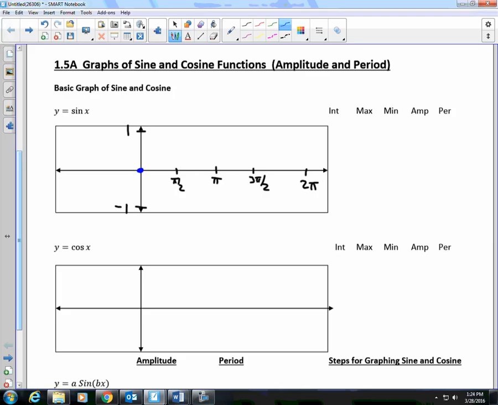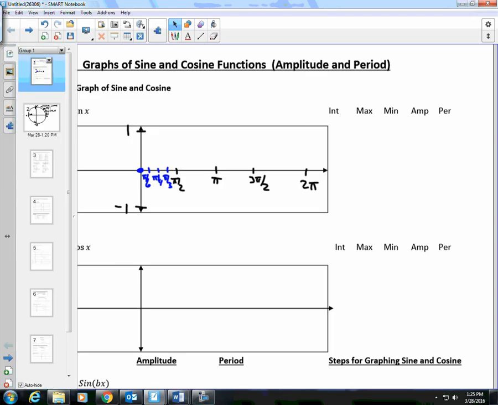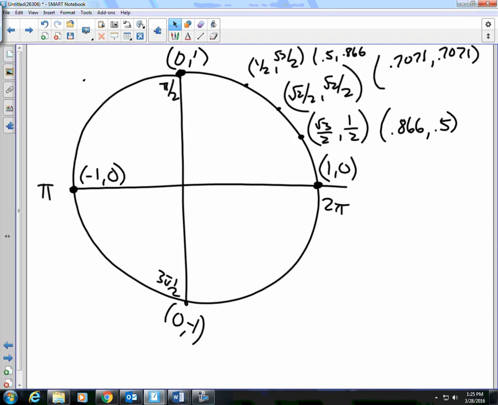Then I'm going to increase my angle. I'm going to look at an angle of pi over 6, I'll do pi over 4, and I'll do pi over 3. Okay? It's hard to see those, so I'm just going to scribble them in there. But do you remember what the y value was at pi over 6? 1 half or 0.5, right?